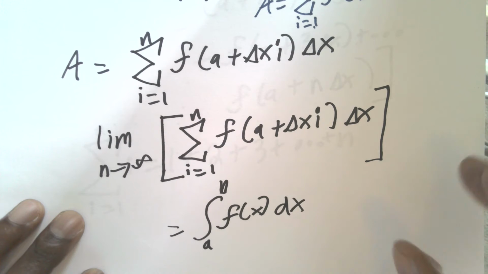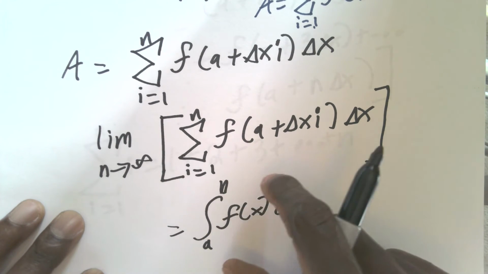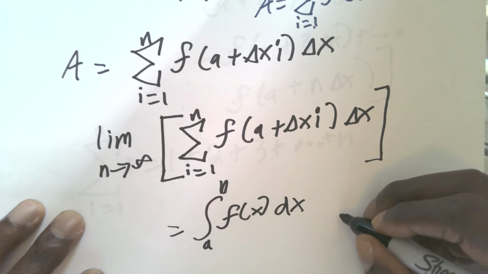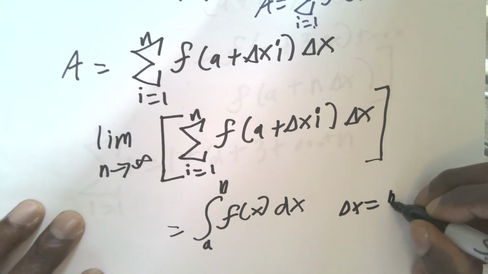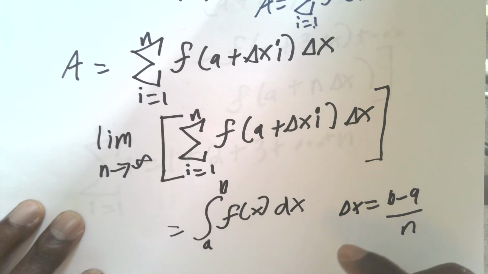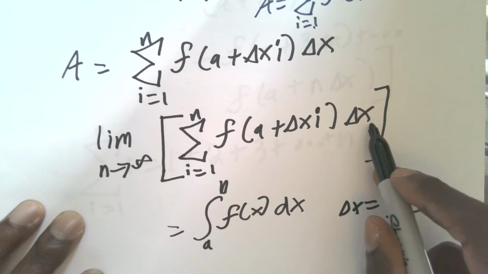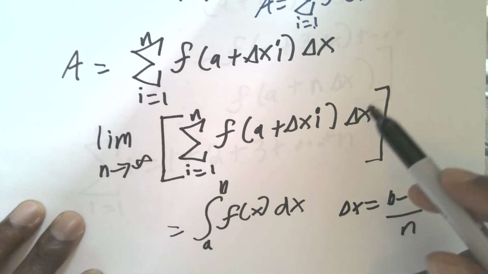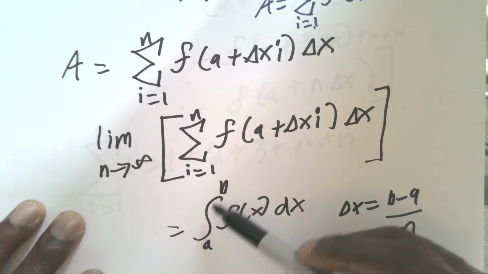Now, the things we can get from the definite integral to this: remember this value delta x is (b minus a) over n. Well, I have a and b here. Whatever I have for this delta x, the denominator is going to be n, so the numerator better be the difference of these two numbers, b minus a.